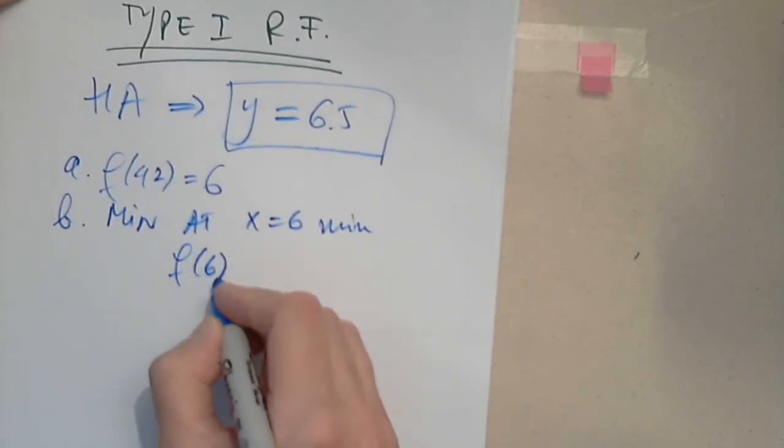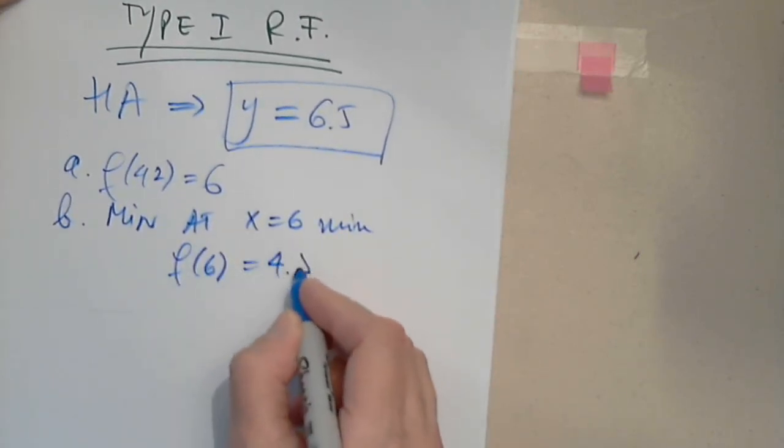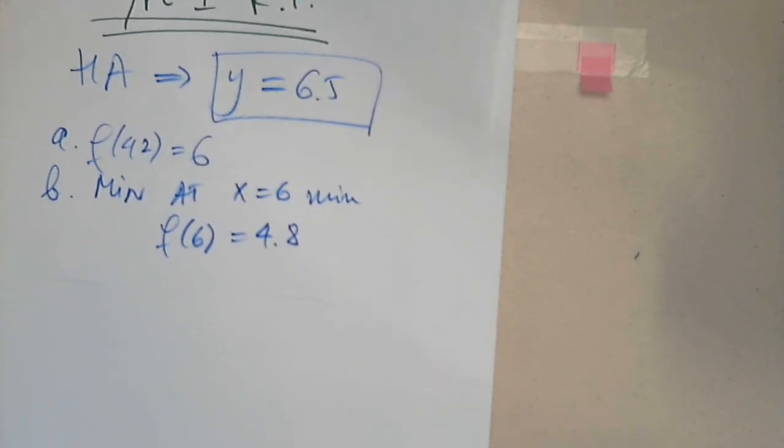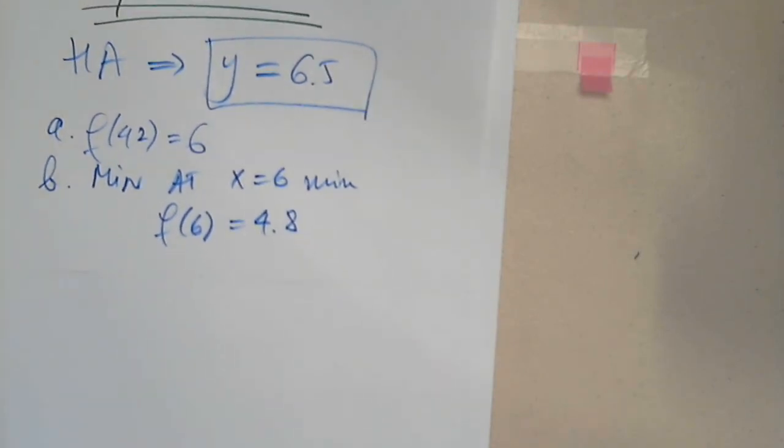And f of 6 appears to be 4.8. Great job. Part C. According to the graph, what is the normal pH level of the human mouth? According to the graph, what is the normal human pH level?